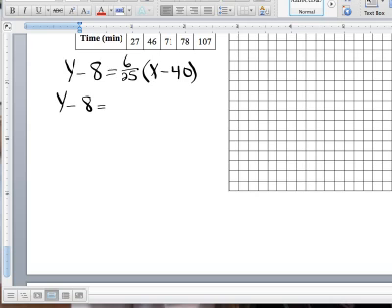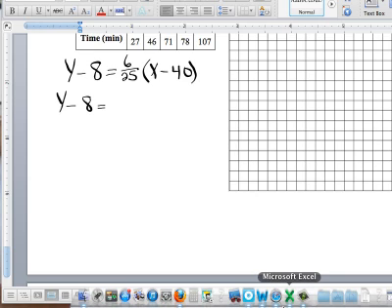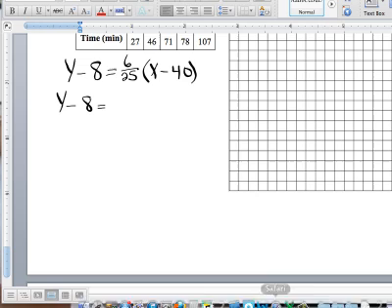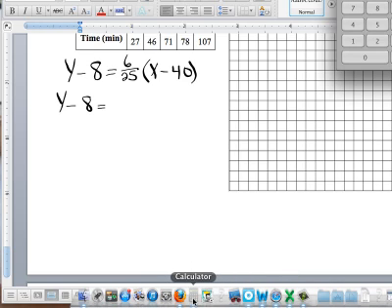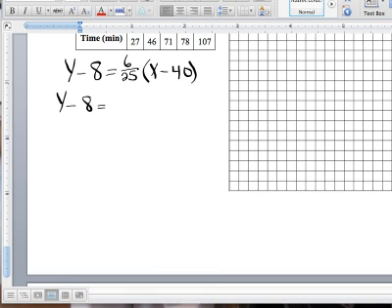So we need to take 6 divided by 25. Can someone do that for me? 0.24. Okay. 0.24 parentheses x minus 40.